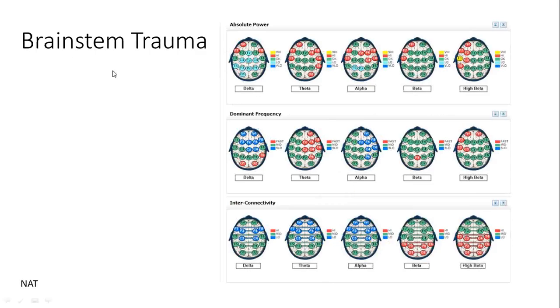With that in mind, if you look at somebody with brainstem trauma, which I have here, and I'm processing this through NeuroGuide and then putting it through our report system so that we don't get any arguments on this.